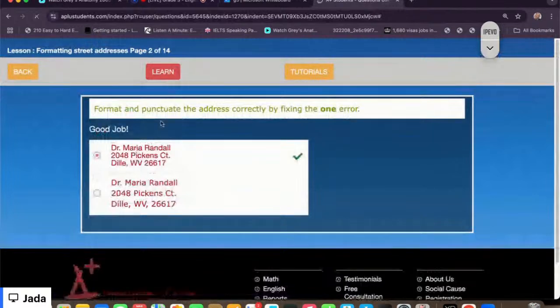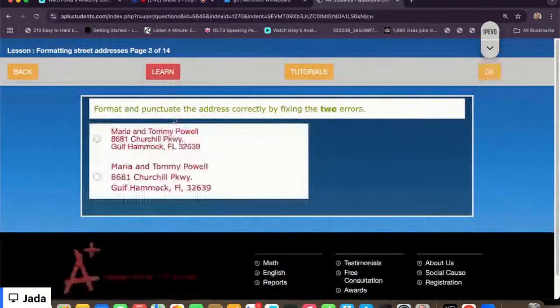Alright, so we have format and punctuate the address correctly by fixing two errors. So take a look at this and then tell me which we need to correct.